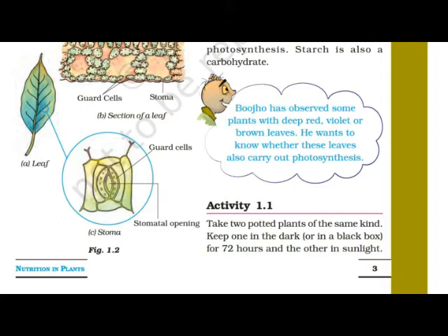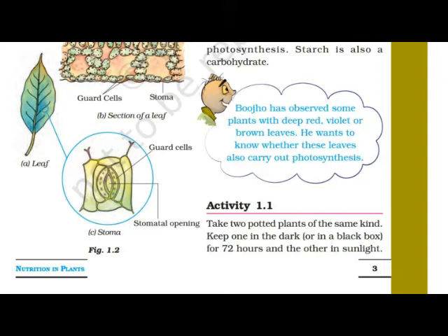Sometimes, mostly in the rainy season, there is stagnant water, and in that stagnant water we see a green slimy substance, which is nothing but algae. Algae is one kind of plant, and it contains chlorophyll.